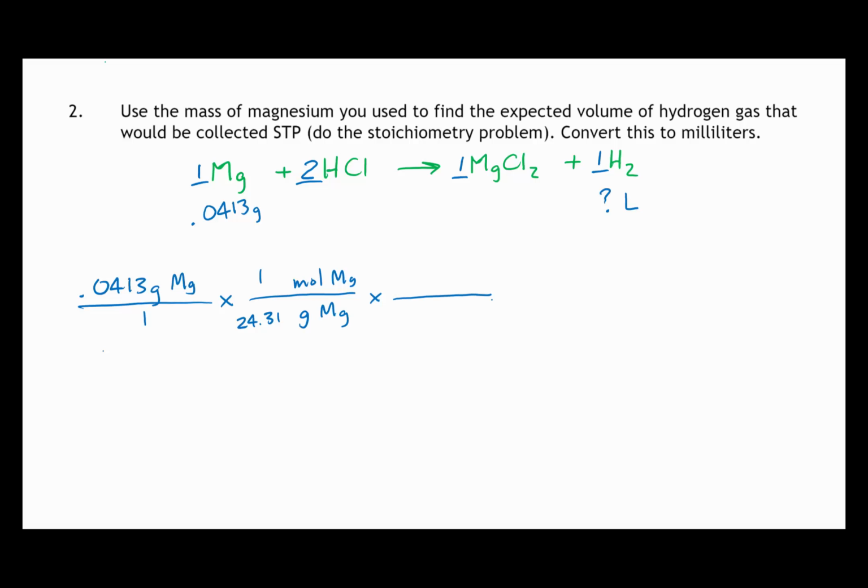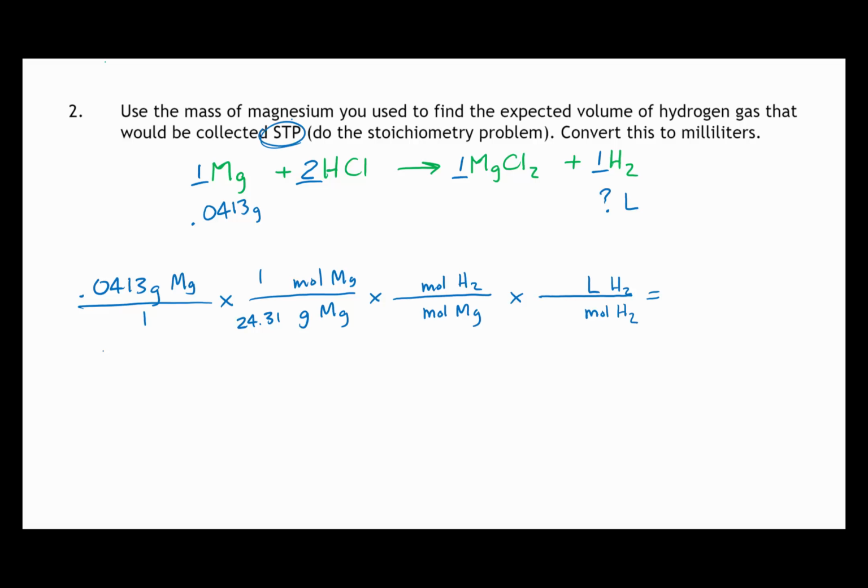In the next step of my calculation, I'm going to put in a mole ratio. I go from moles of known, which is magnesium, to moles of unknown, which is hydrogen. And then in the final step, I need to convert this to liters, so I'll put moles of hydrogen on the bottom and liters of hydrogen on the top.